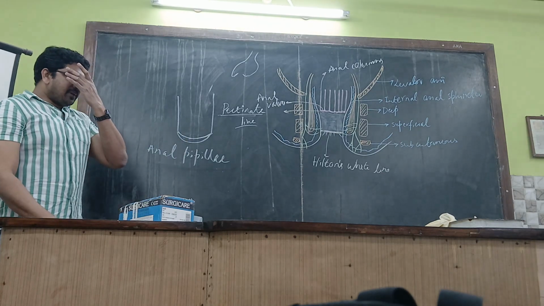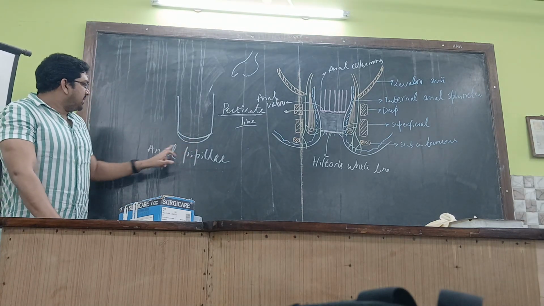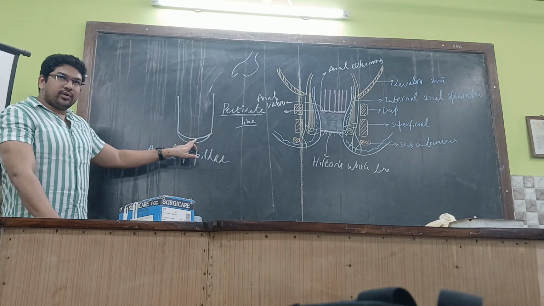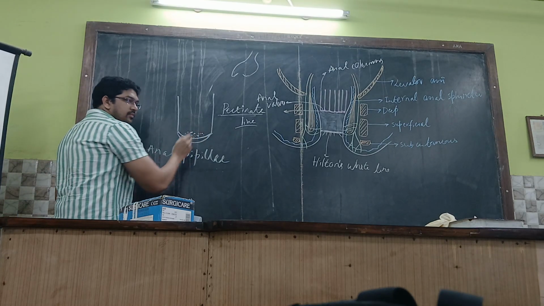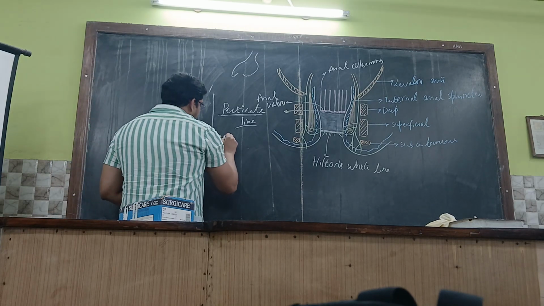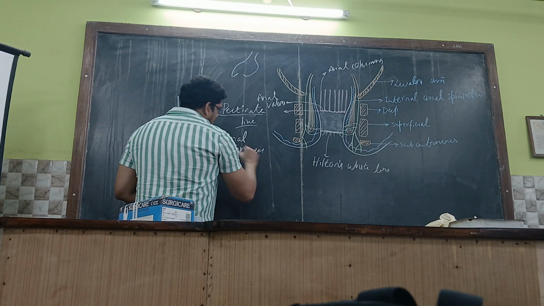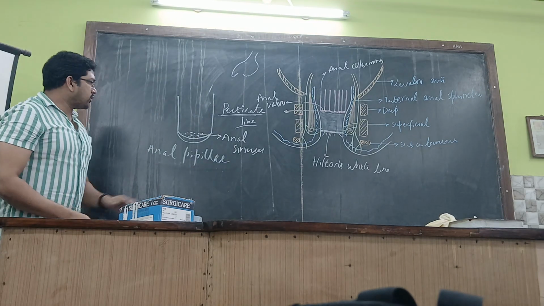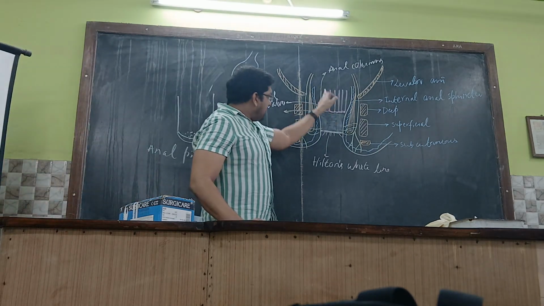So above the anal valve, there is a space lying over here, which is termed as the anal sinus. Anal sinuses. So far, whatever terminologies applied here, first of all, there are anal columns.